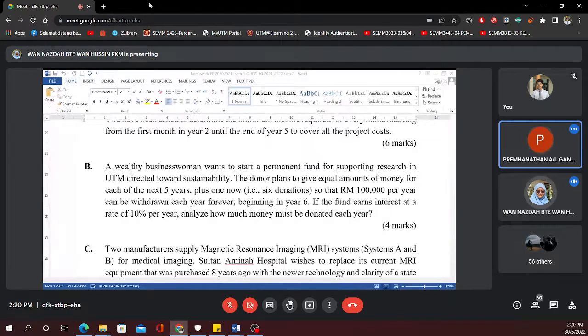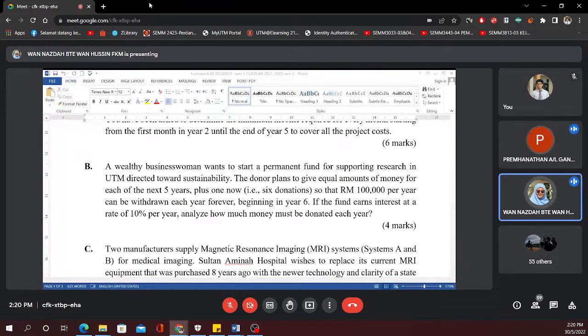What do you mean you don't understand? For the first 5 years, it means she donates, and on the 5th year she withdraws the donation? No, not the 5th year.